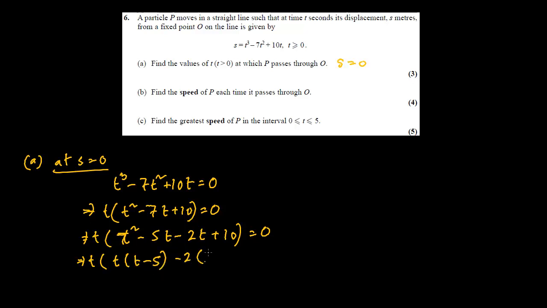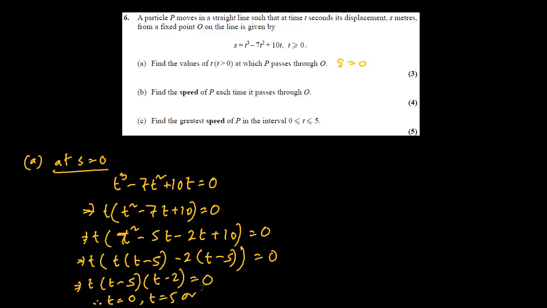If you take 2 common, it would be t minus 5 and it would be equal to 0. So that turns out to be t minus 5, t minus 2 equals 0. Therefore, t equals 0, t equals 5 or t equals 2. Now the answer has to be greater than 0.